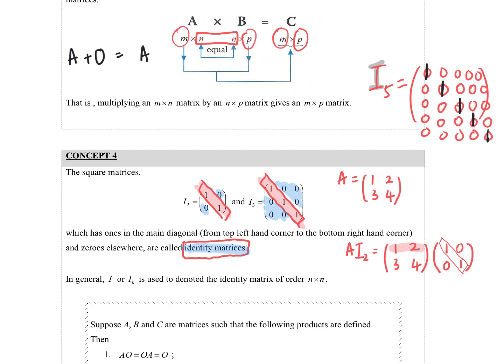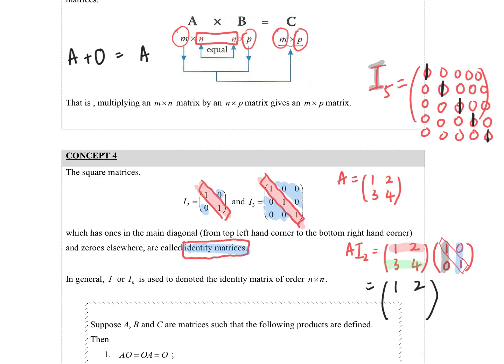You see the horizontal times the vertical. 1 times 1, 2 times 0. So I get back 1. And then the next entry, I multiply the red row with the blue column. So 1 times 0 gone. 2 times 1, 2. So this is 2. So I get back myself. Then I check the next one.